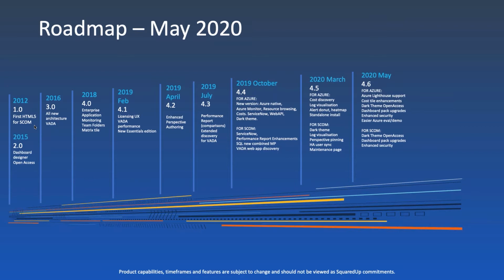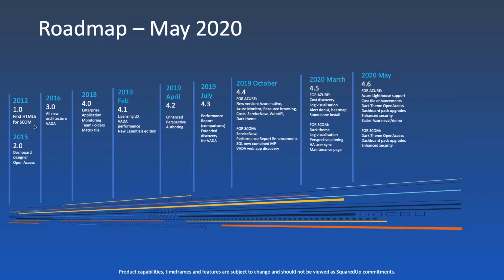I will say 4.6 is probably not as feature-packed as 4.5 was, and that's partly because it's been less time in the making, but also because we've concentrated on some very important foundational work in 4.6 that makes for a stronger product, but maybe doesn't make for as many headline features.